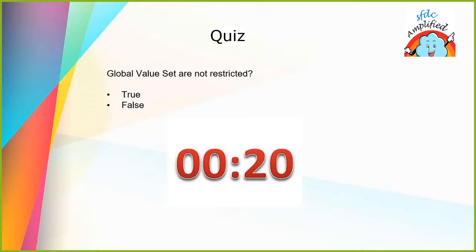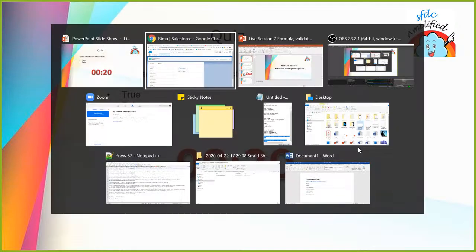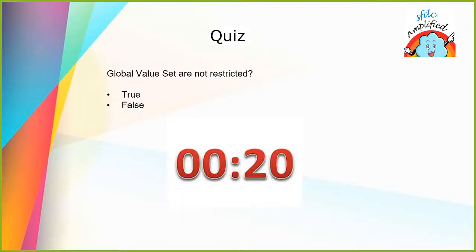So the timer is not working somehow, but yeah. So global values are restricted. We just saw it, guys, that global values are restricted. So that's why the answer will be false, because global values are restricted.